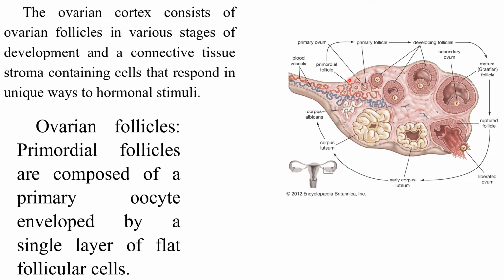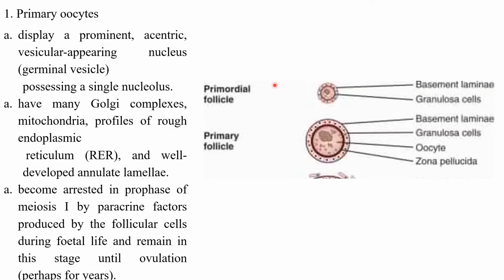These primordial follicles are composed of a primary oocyte, enveloped by a single layer of flat follicular cells. You can see here the primordial follicles are simply a primary oocyte covered by a single layer of flat follicular cells.